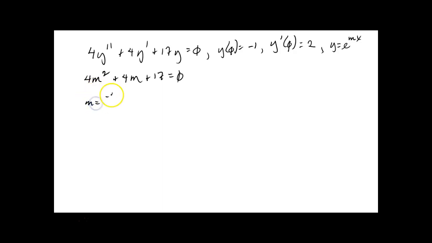m is equal to minus 4 plus or minus the square root of 16 minus... And you tell me. I don't know it either. 16 squared is 256, I think, and another 16 multiplied by that, added to that is 272.